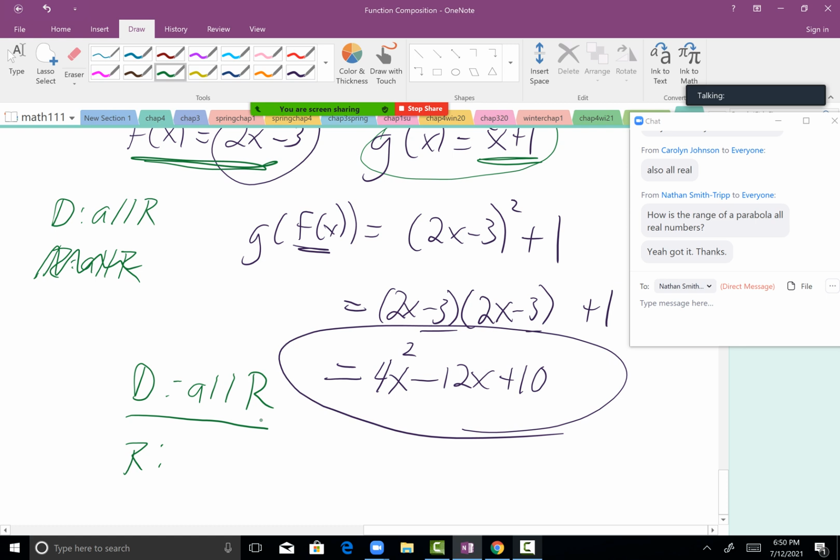The range would be 1 to infinity. Yep, that's what I got too. Because if you put 0 in, it just leaves a 1.